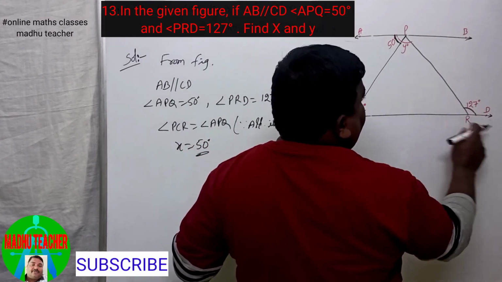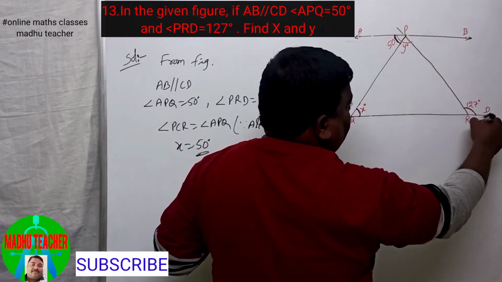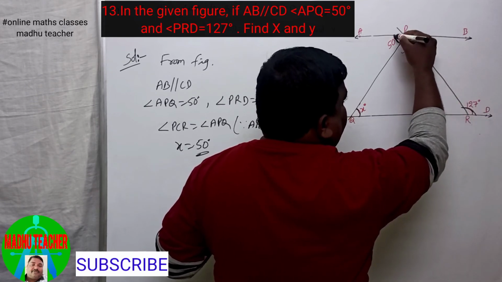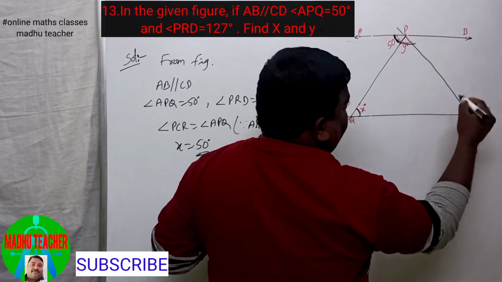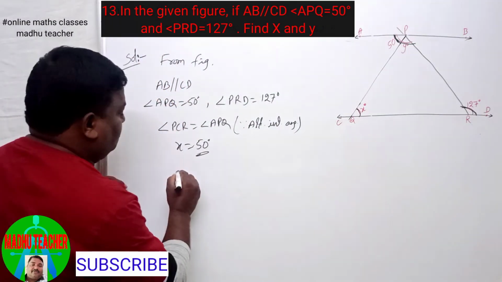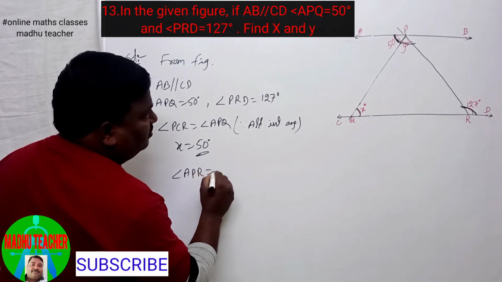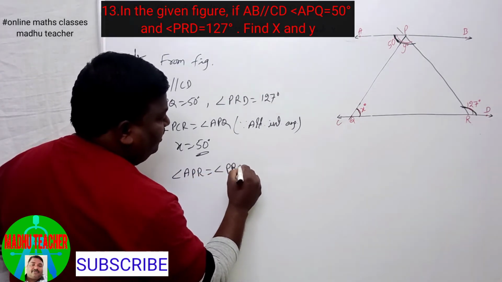Next, these two are parallel and this is the transversal. Therefore these two angles are alternate interior angles. What are those? Angle APR equal to angle PRD.